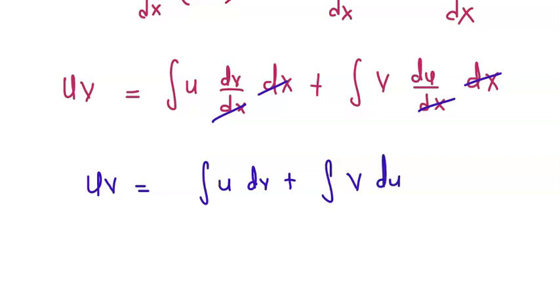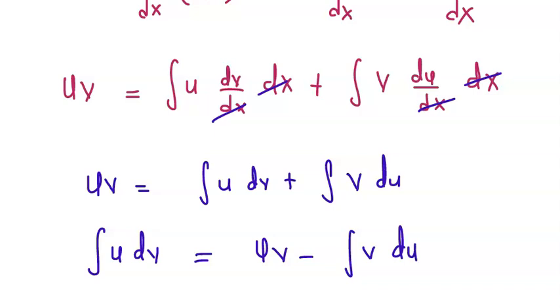And for the sake of convenience, we can write this as the integral of u dv is equal to uv minus the integral of v du. And we have our formula for the integration by parts.